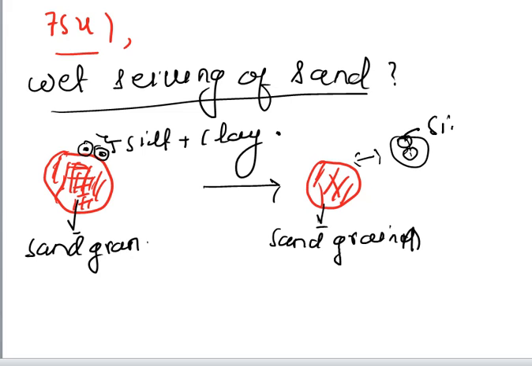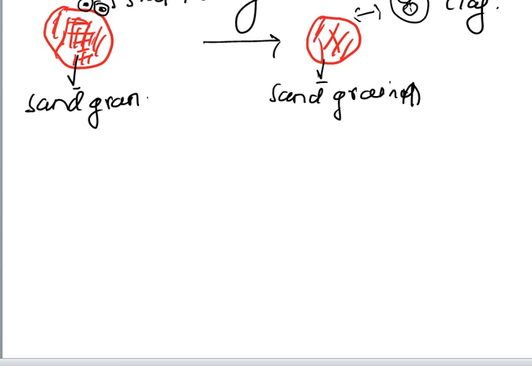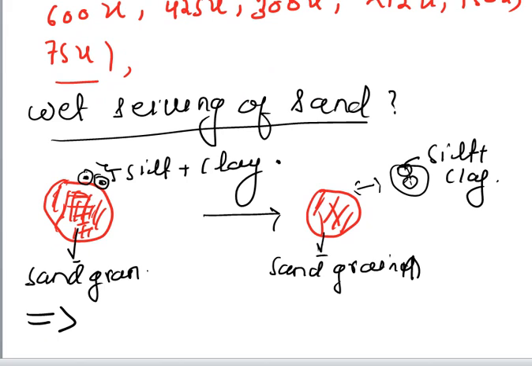This is silt and clay. So how do we achieve this? There is a hero called dispersing agent. We mix dispersing agent into the water which is used for washing, and the role of that dispersing agent is to make the segregation, and once they are segregated, they are washed away under the flowing water. So that is the objective.